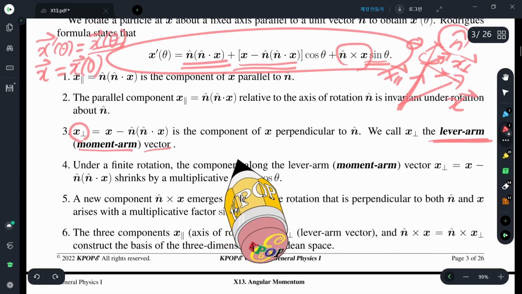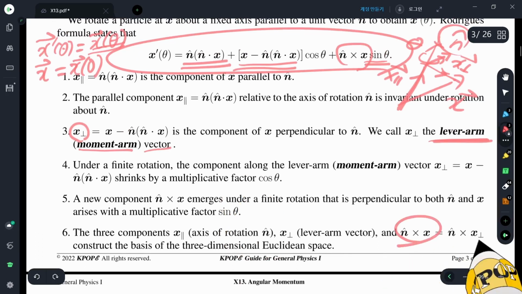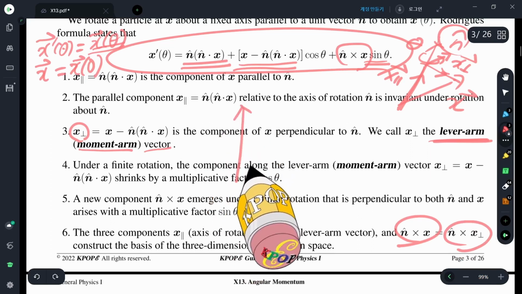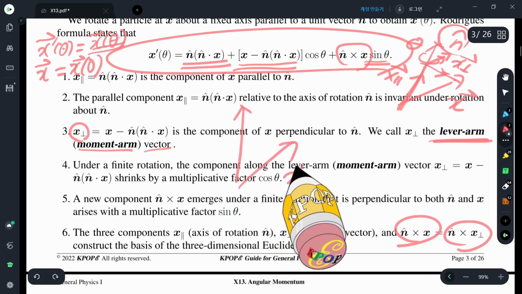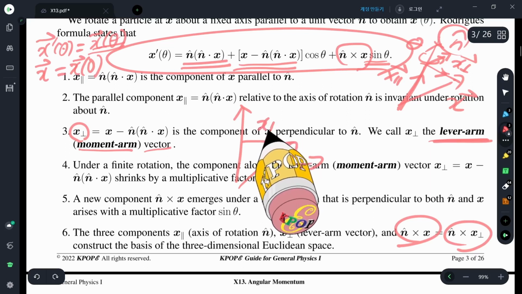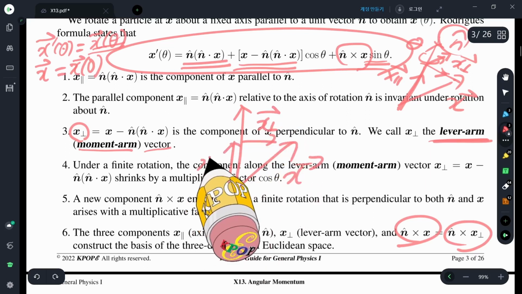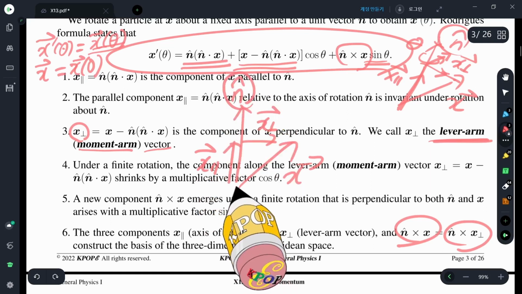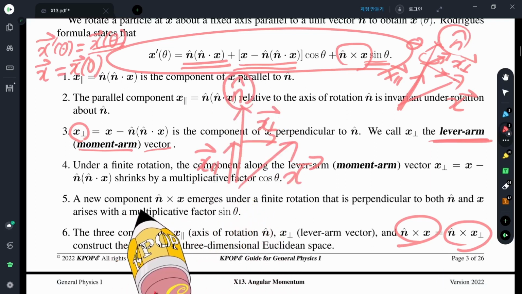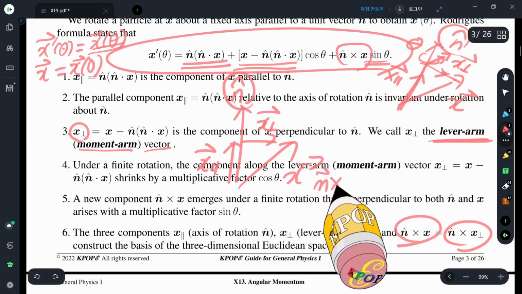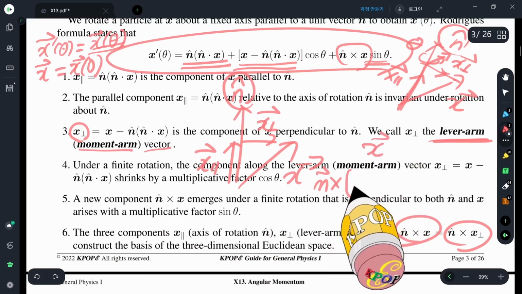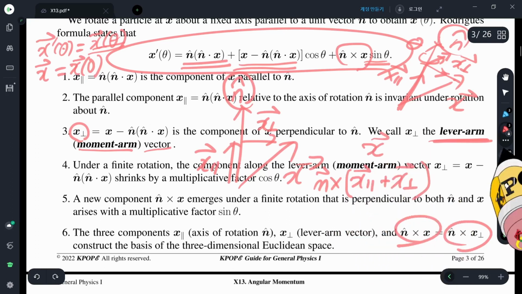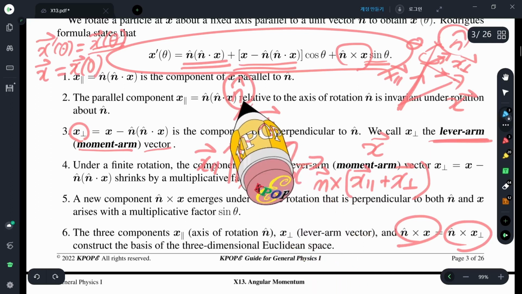In addition, n cross x is the same as n cross x perp, because x is composed of x perp and x parallel, and x parallel is always parallel to the axis of rotation, and n cross x is n cross x parallel plus n cross x perp, and x parallel is parallel to n hat.